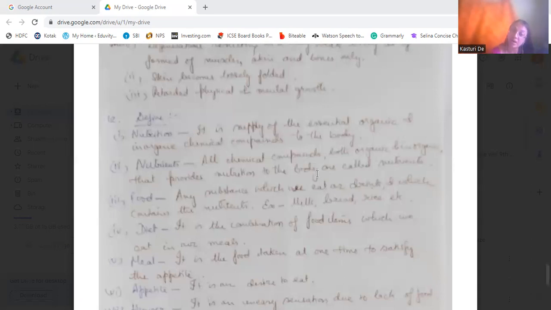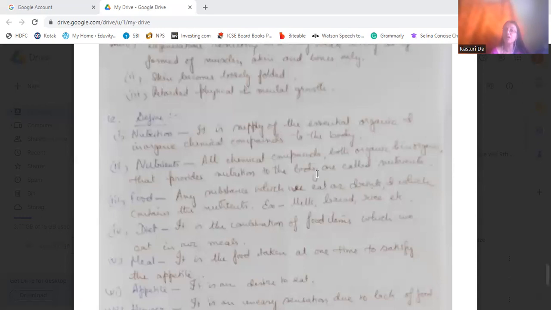Now what is a meal? A meal is the food that is taken at one time to satisfy our appetite. Now what is appetite? Appetite is the desire to eat.